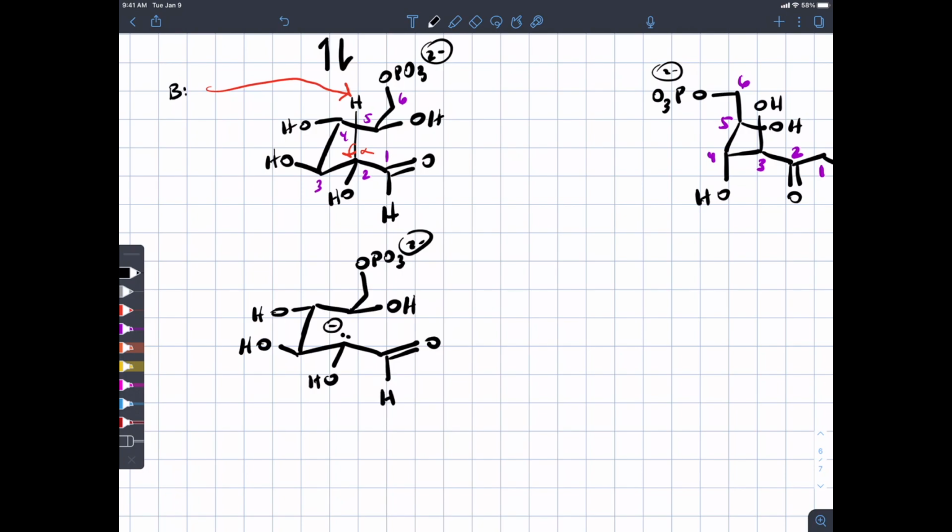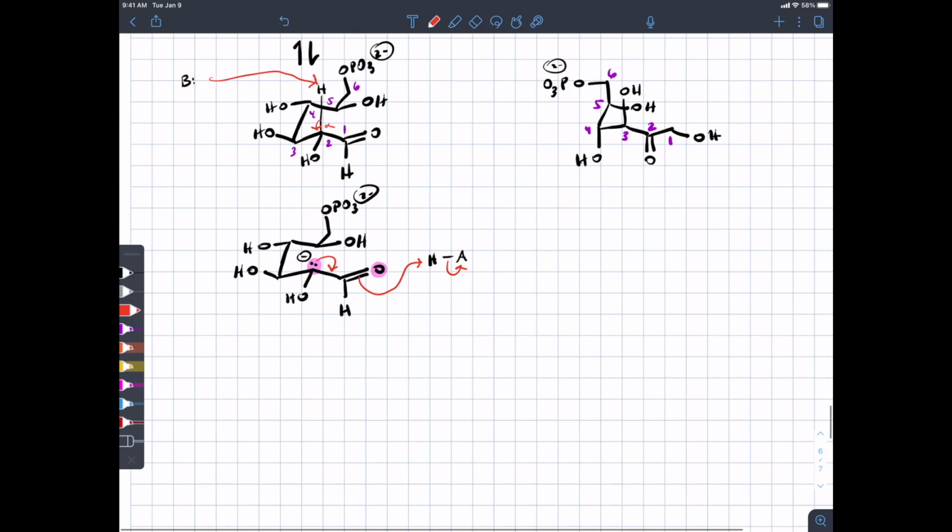And that, of course, would have a resonance structure that would put the negative charge on the oxygen. But in the next step, we're going to have electrons kick down, and we're going to pick up a proton, and I'm not sure whether it's from the enzyme or from water, so we'll just be very general there. That's our first tautomerization step. We made an enol from an aldehyde.